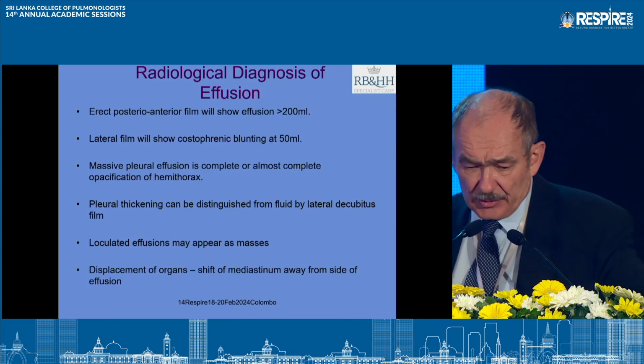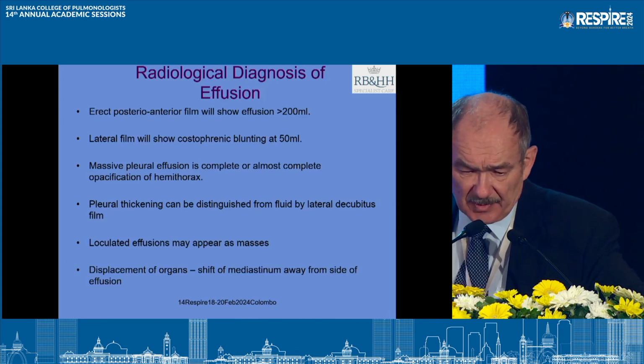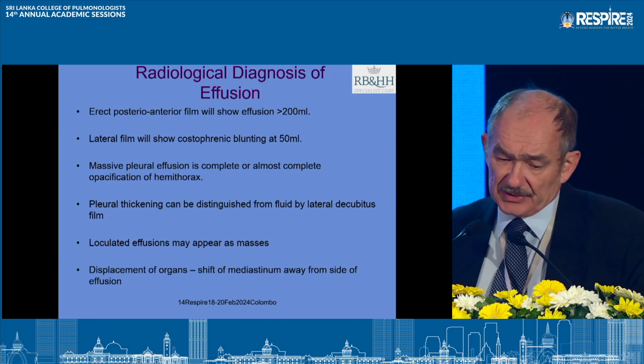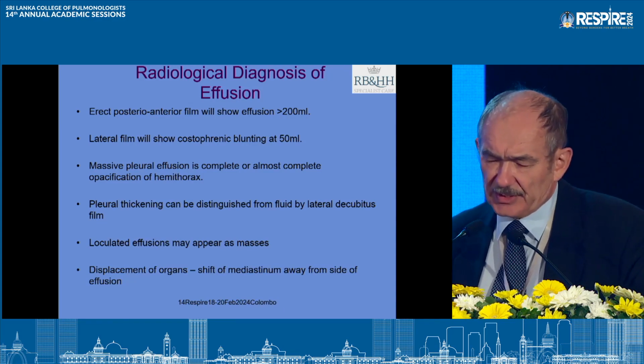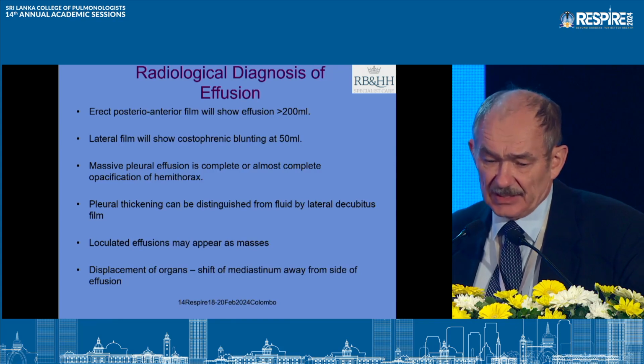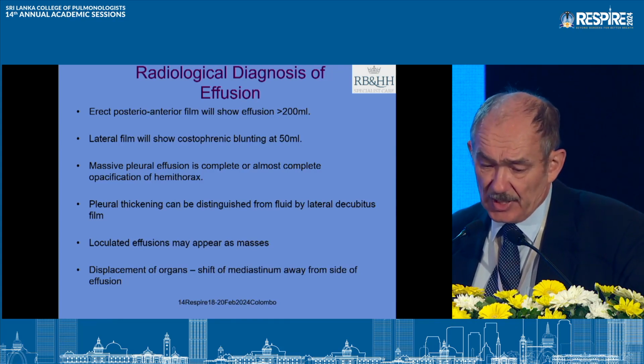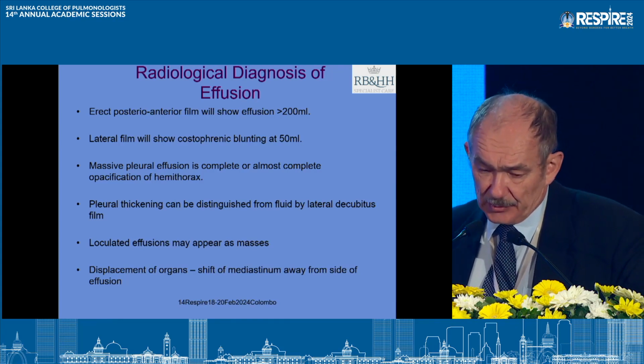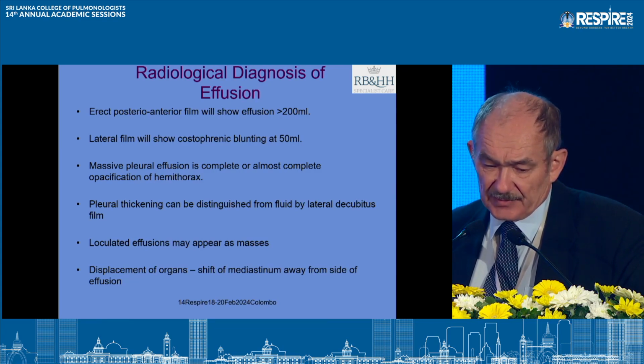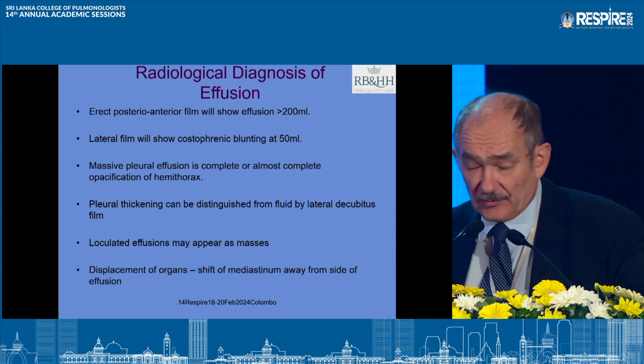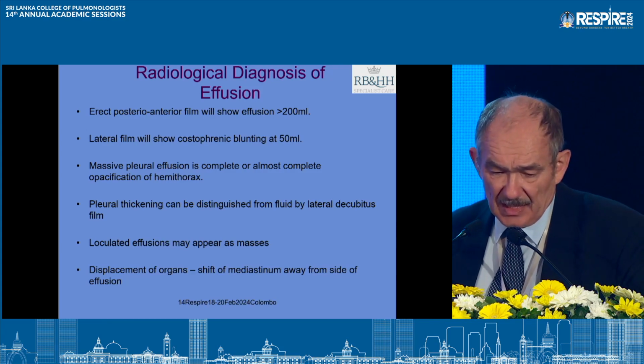I want to remind you that on plain X-ray, we can see pleural effusion if the amount of fluid exceeds 200 mils. But on a lateral view, occasionally you can see as little as 50 milliliters with blunting of the costophrenic recess.